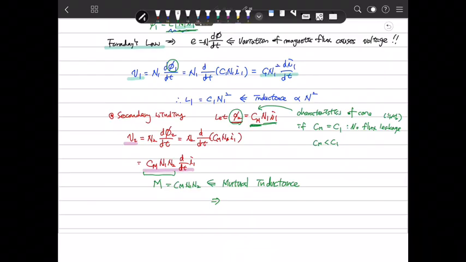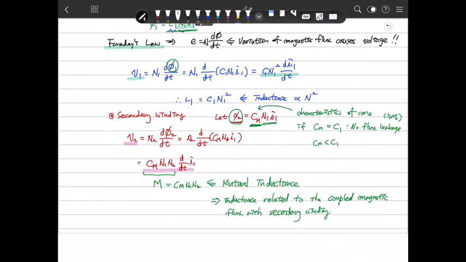This is the inductance related to the coupled magnetic flux with the secondary winding from the flux caused by the primary current.